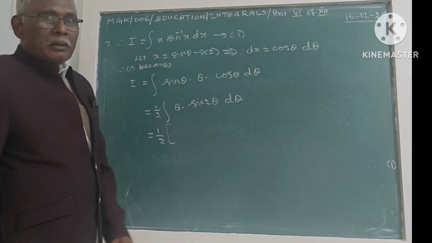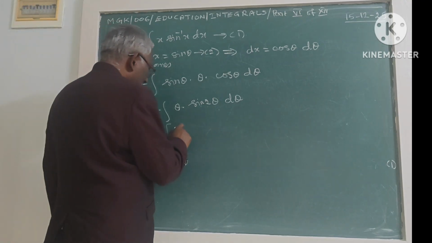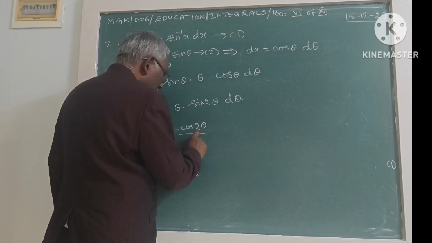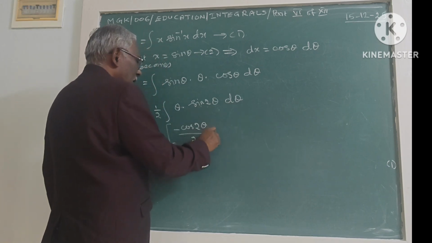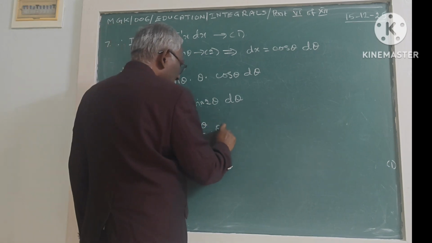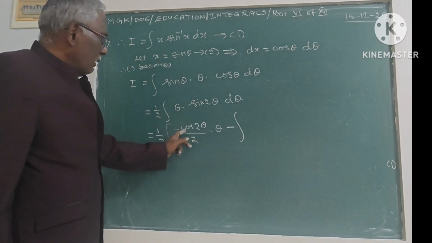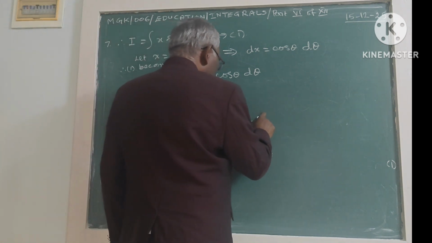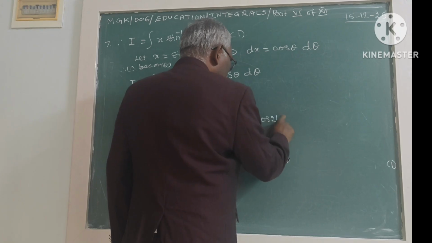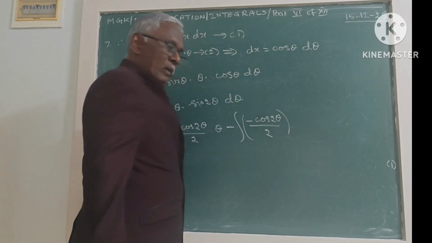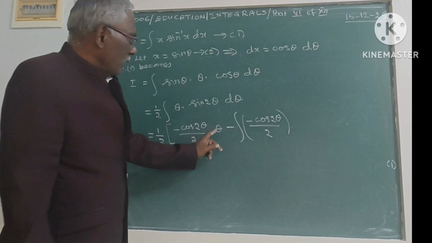If we integrate sine 2 theta, what will come? Minus cos 2 theta by 2 into second function theta minus integral of integrated function minus cos 2 theta by 2 into differentiation of other function.